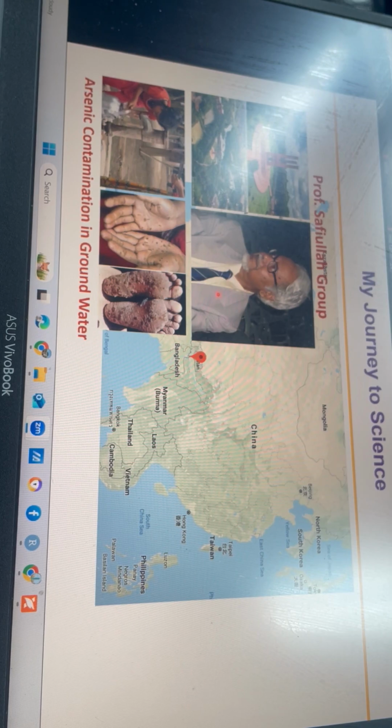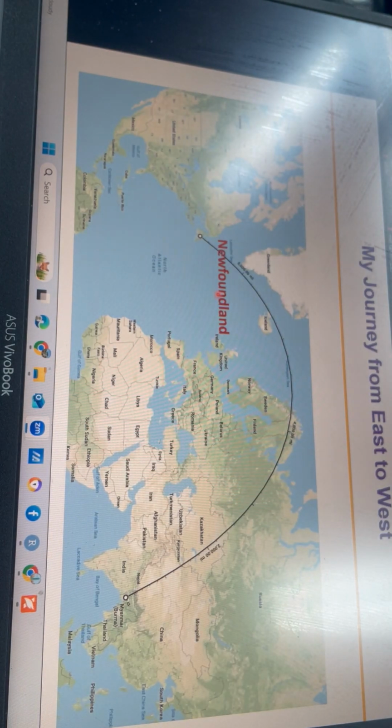So detection is a kind of environmental analytical chemistry. And then we also created some filter materials from natural sources to try to remove arsenic from water. Then I finished my honors and masters from Jahangirnagar. I briefly started teaching at Dhaka City College.